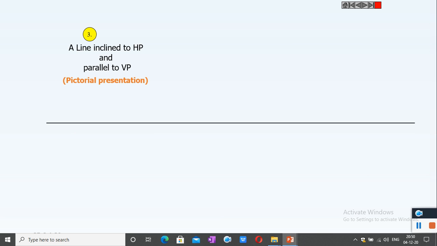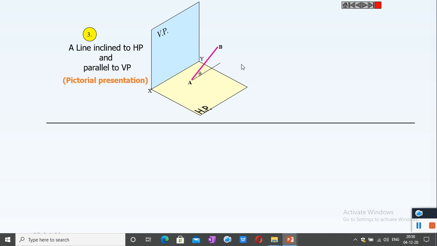Case 3: a line inclined to HP and parallel to VP. This is the line AB, which is inclined at an angle theta to HP. At the same time, it is parallel to VP. So in the front view, we get the true length of the line. A dash B dash will be marked like this in the front view.